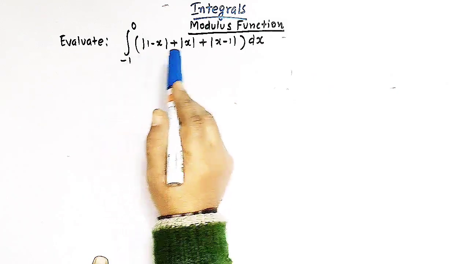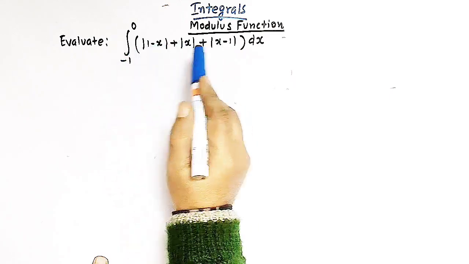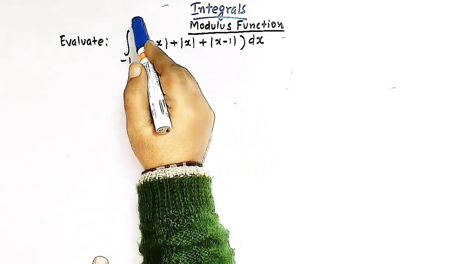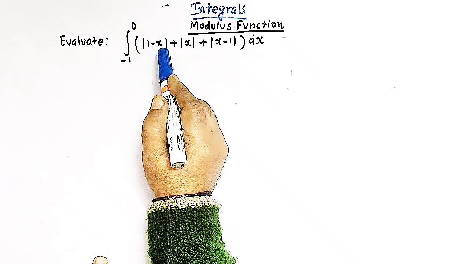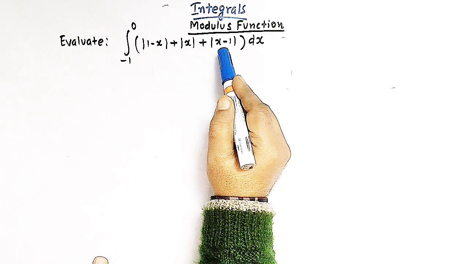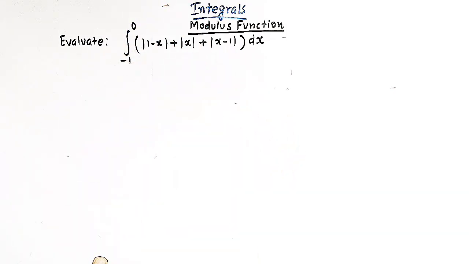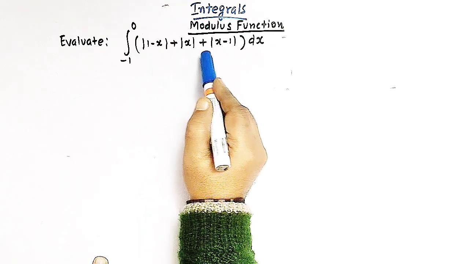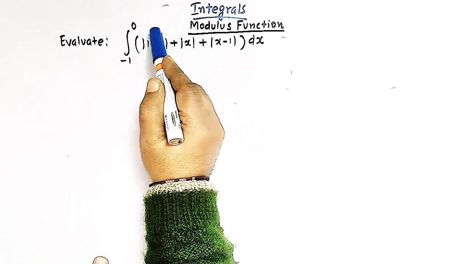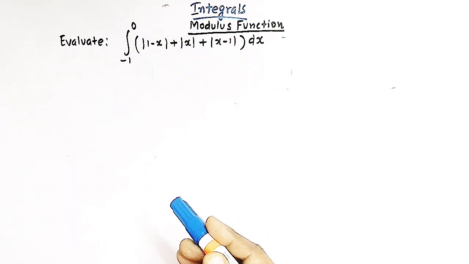Although we can also solve this integral by taking the sum of three integrals, that is from -1 to 0 mod of 1 minus x, then from -1 to 0 mod of x, and then -1 to 0 mod of x minus 1, right? But here with the help of the definition of mod function, we will simplify this entire expression in one go.